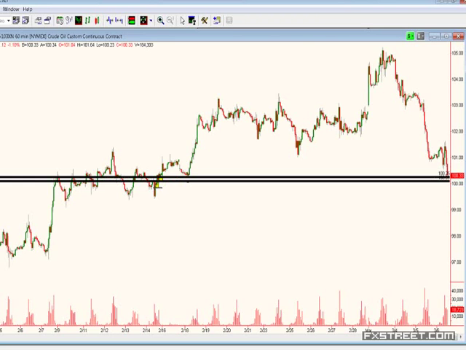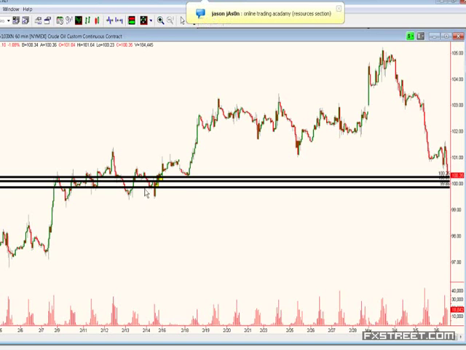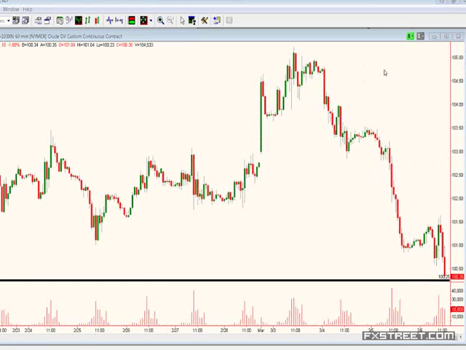But again, I wouldn't be surprised if you made it just a teeny bit lower, like we just did, and you get a little bounce from this area. And I'm talking about all right in here. And of course, the more significant turn is likely to come from the mid 98 range, if that makes sense. So don't be surprised if you get a little bounce right here.